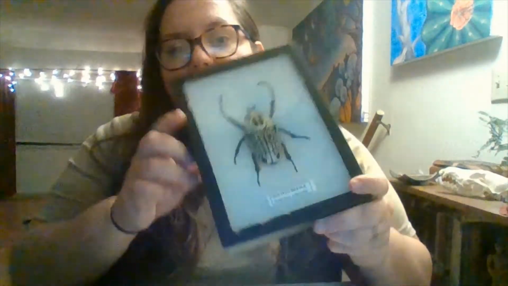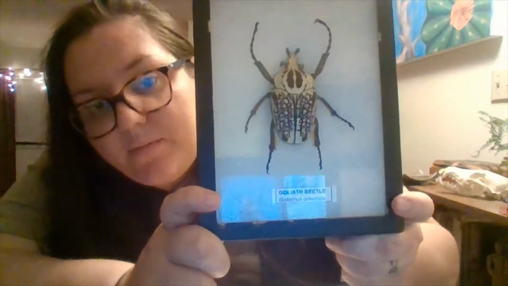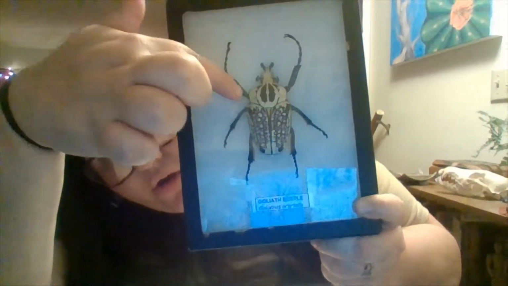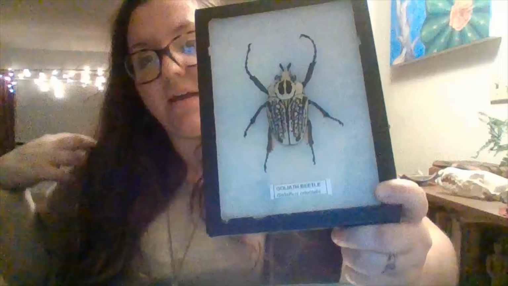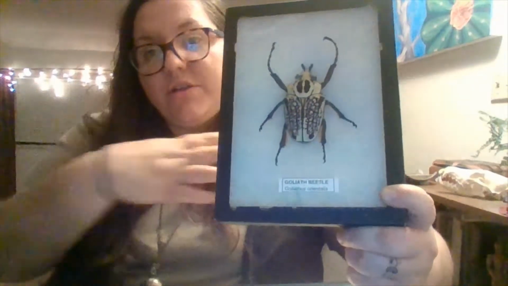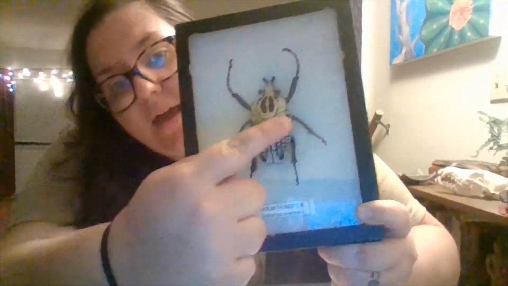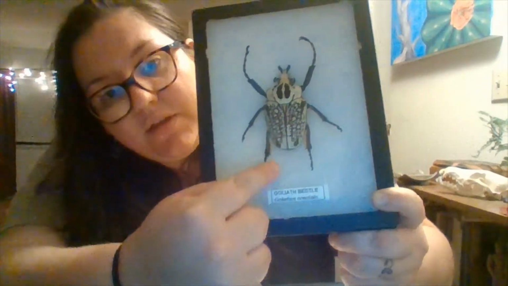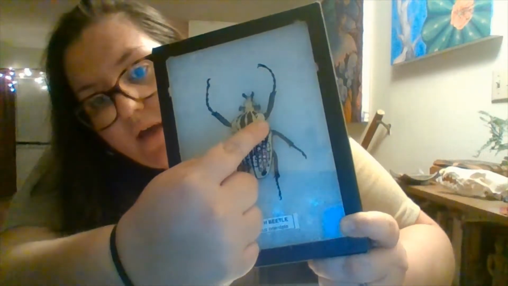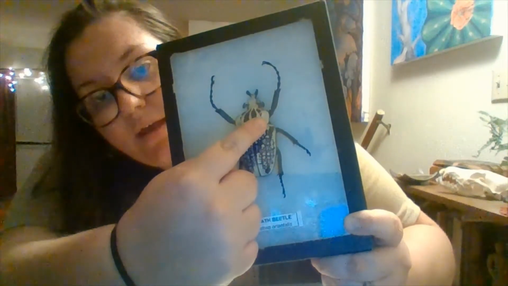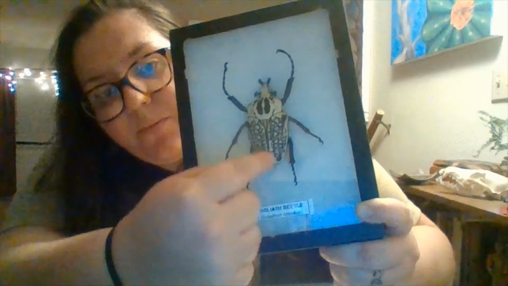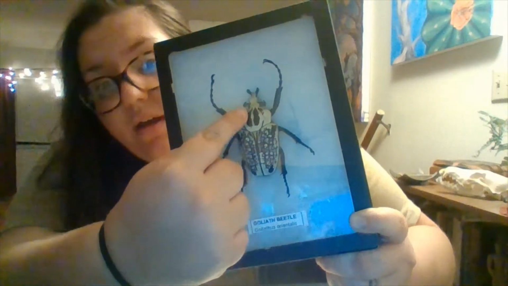The other thing all insects have is 3 body segments. So they have a head, a thorax, which is kind of like where our chest and shoulder area would be, and then they have an abdomen. And most of the time the legs are attached to the thorax. For different species of insects, these 3 body segments can look very different.